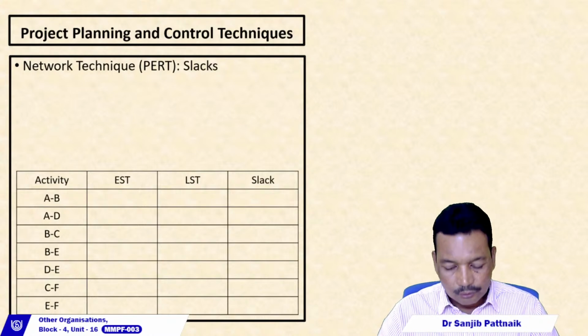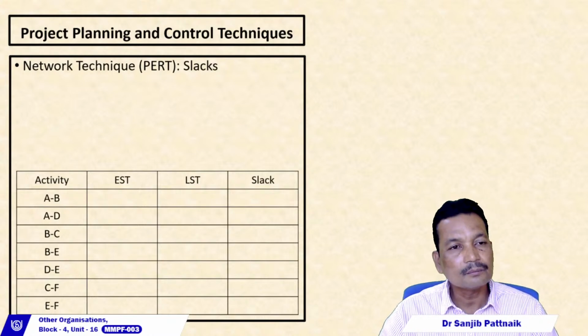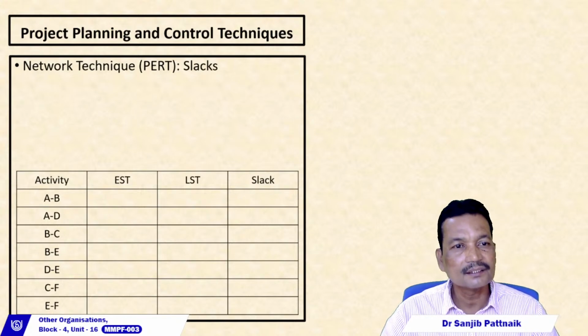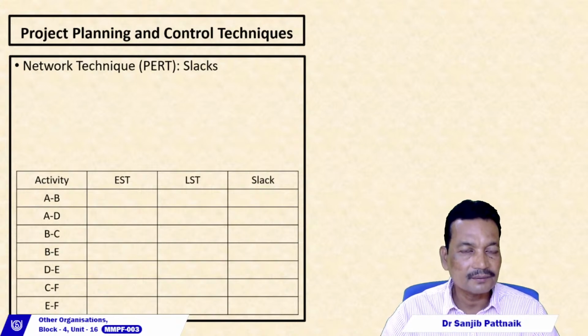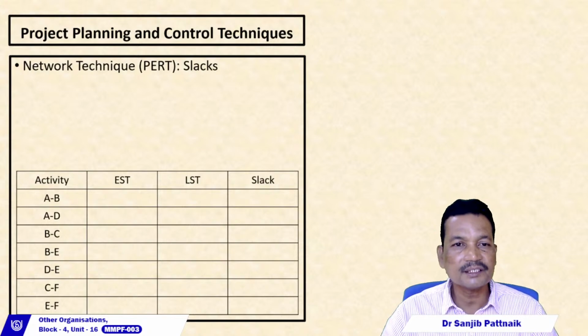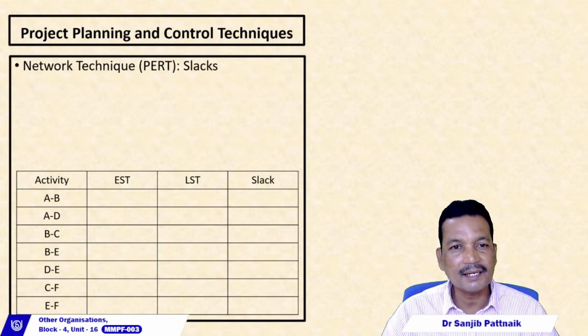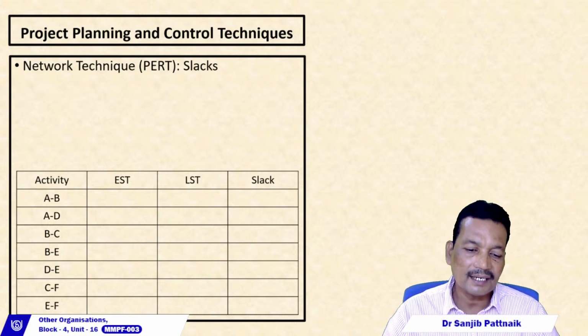Now we shall look at the network diagram, that means the arrangement of activities in order to complete a project. Along with that, we find the duration of the project and any delays, that means the slacks, we can have in any activities.